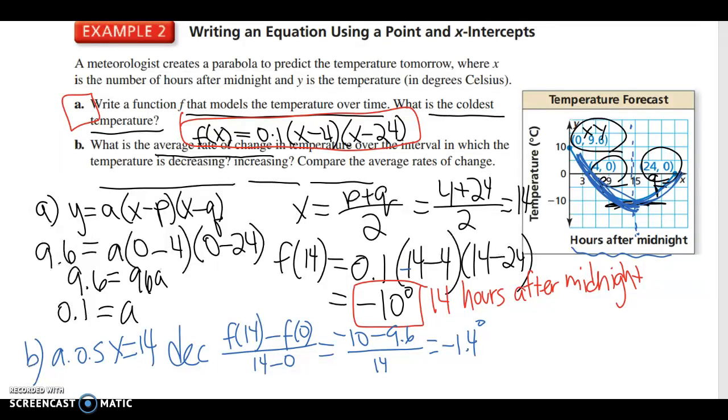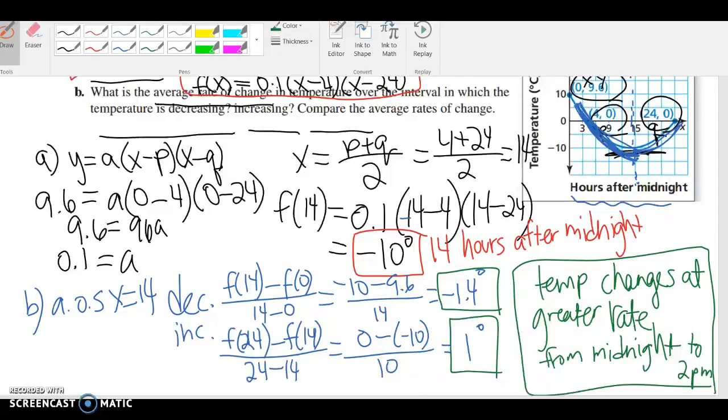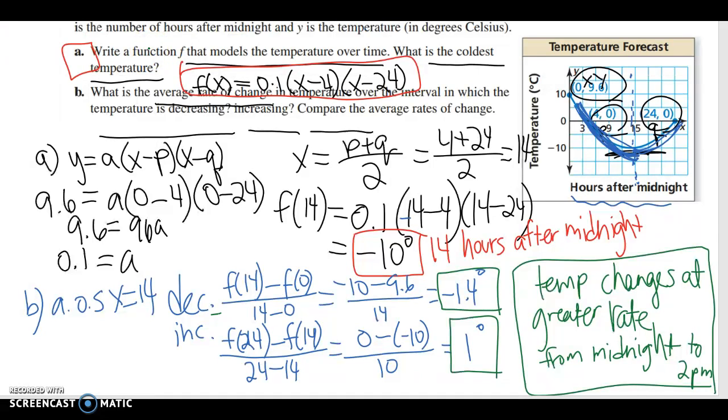Then if we do the increasing, we'll do from 14 all the way to 24, the final point, and we'll get this. So for part B, we can say that all the answers circled in green. For decreasing, I have negative 1.4 degrees for the hours after midnight.